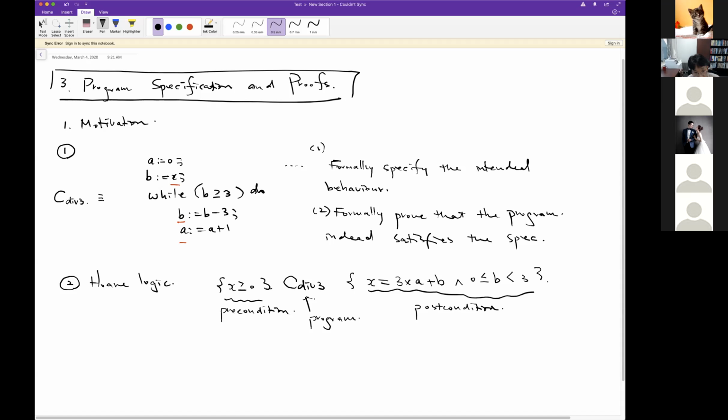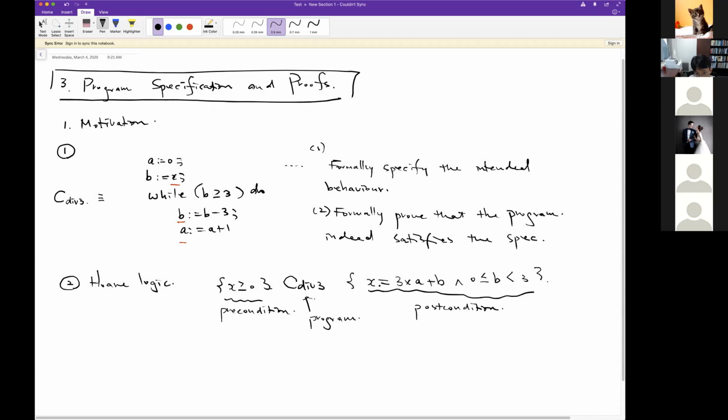What I wrote is a specification, so it expresses what we want for this program. That specification says if x is greater than or equal to 0 when we start the program, and the program terminates without any problem, then the final state satisfies what's written as the postcondition.